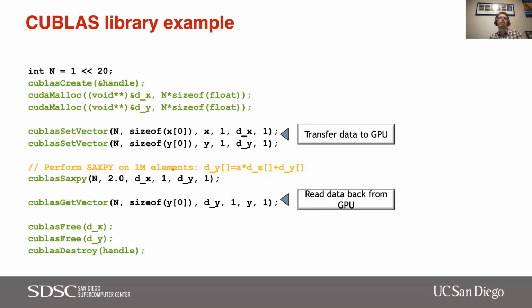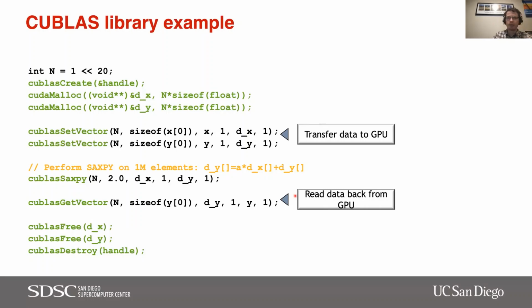And then when we are done, we want to copy the result back with the cuBLAS get vector function. Now we want to copy the result back from D, our device, to our CPU, right? So we read the data back. And that's all that you need to do.